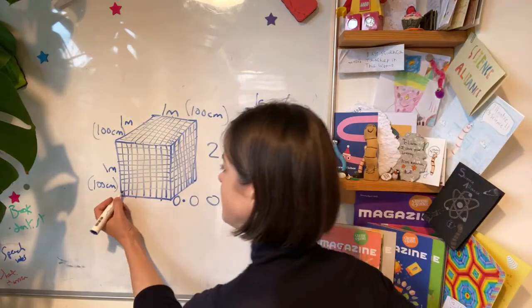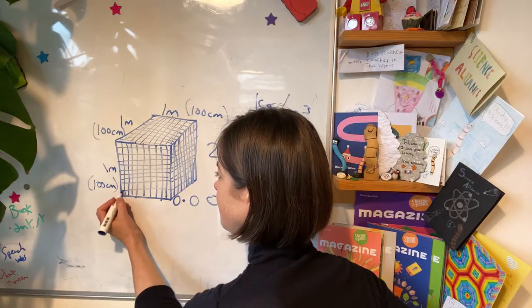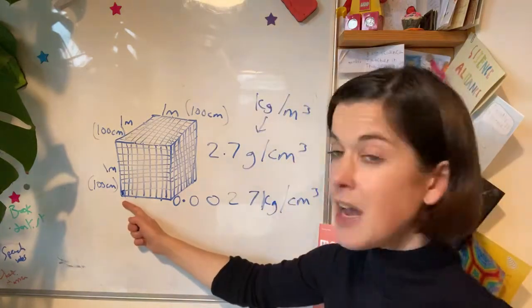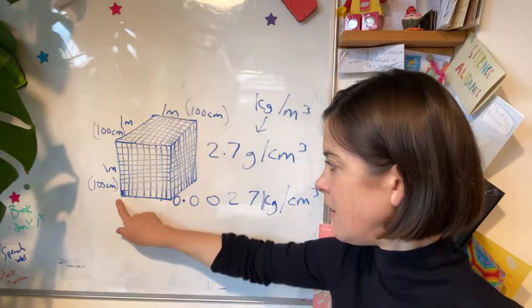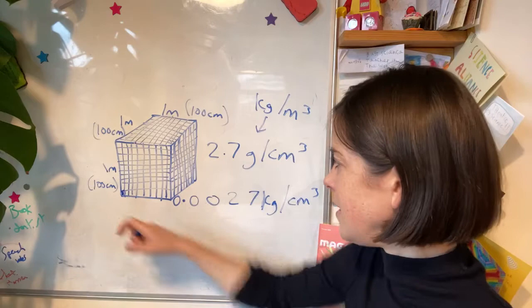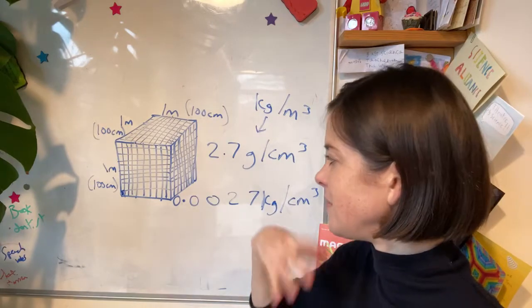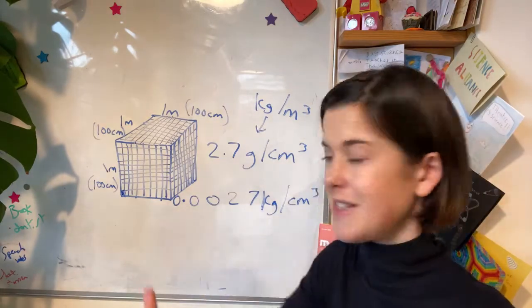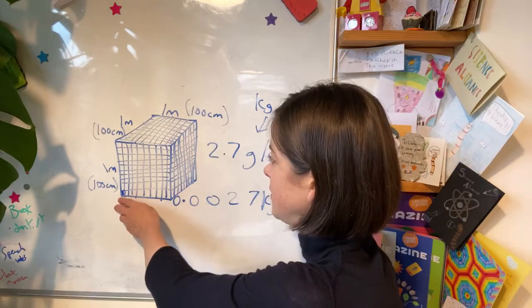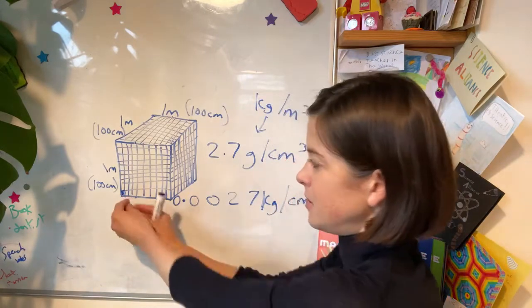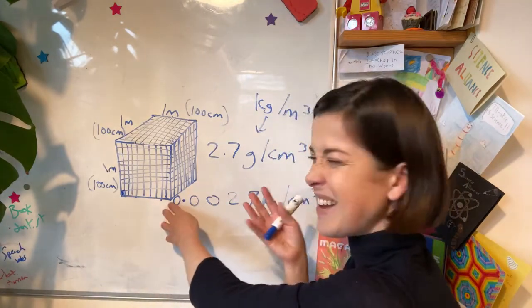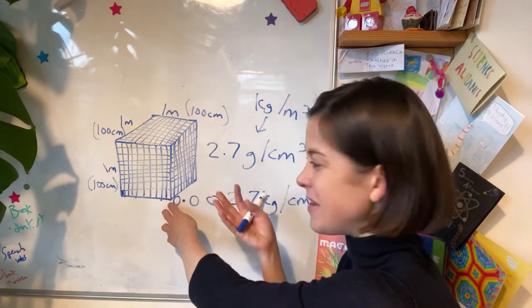Imagine you've got 1 centimetre cubed, here it is. What you have to do is times it by 100 3 times. Because if you times 1 centimetre cubed by 100, you've only got like one long line of them. This is the way that I think of it.